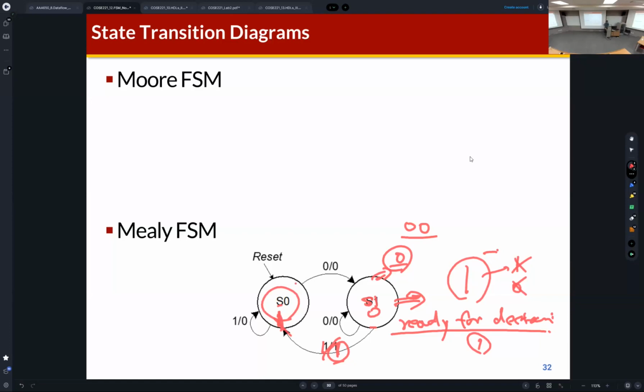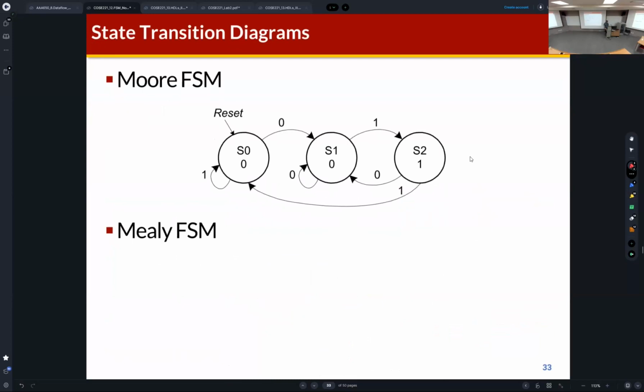So this is the Mealy machine, which means that the output of the Mealy FSM is determined by current state and input signal. But let's see the Moore machine.